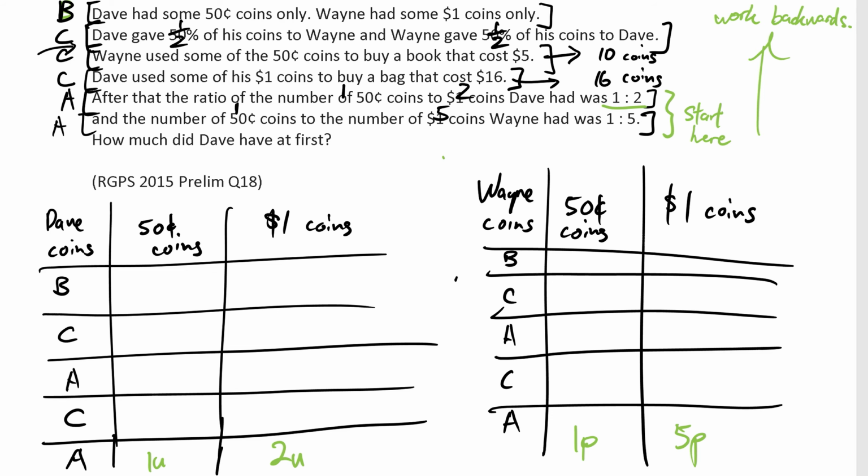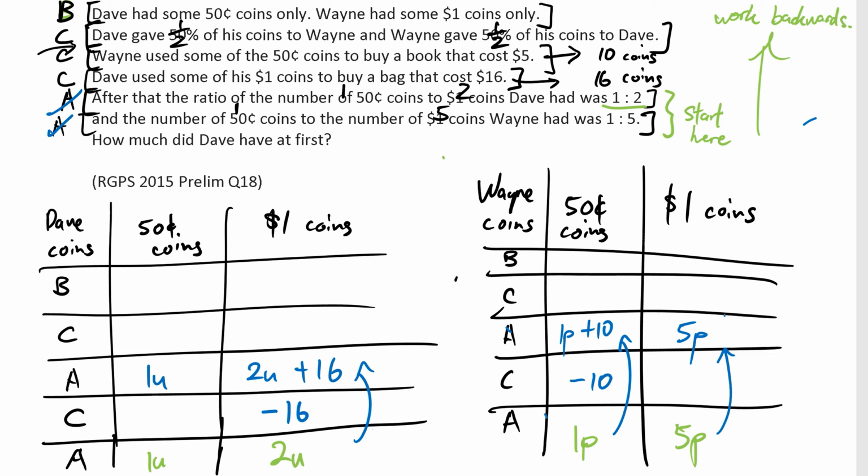So this is minus 10. So now once we know this, we trace this backwards. This is 1U. This is 2U plus 16. This one here must be 1 part plus 10. This one here must be 5 parts. Agree? So these two lines also have been cleared already.